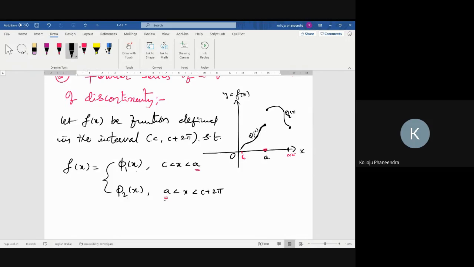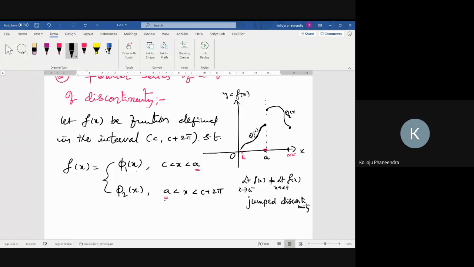That means at the point a, the left limit, limit x tends to a minus of f of x, is not equal to the right limit, limit x tends to a plus of f of x. This is called jump discontinuity.